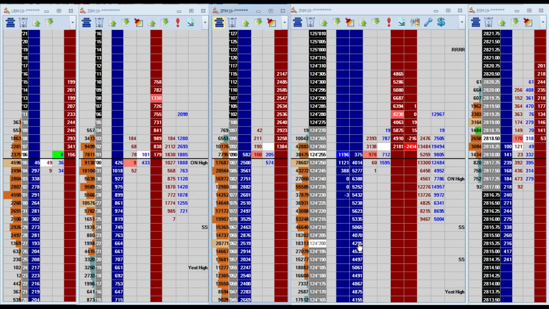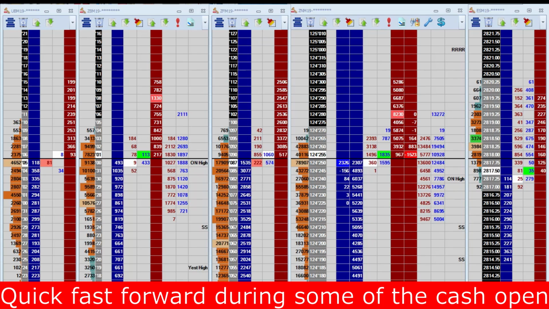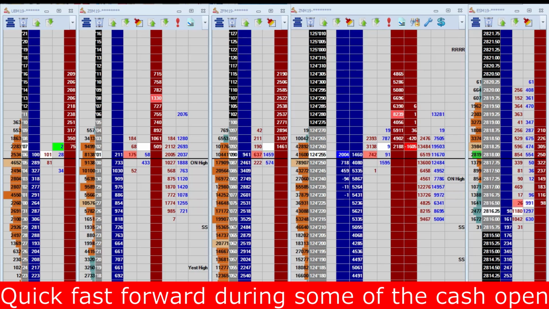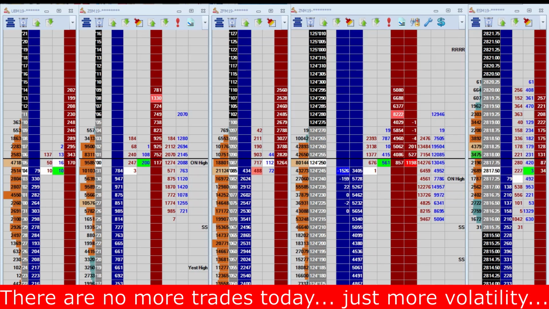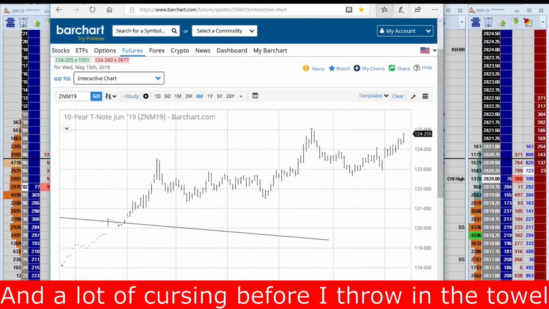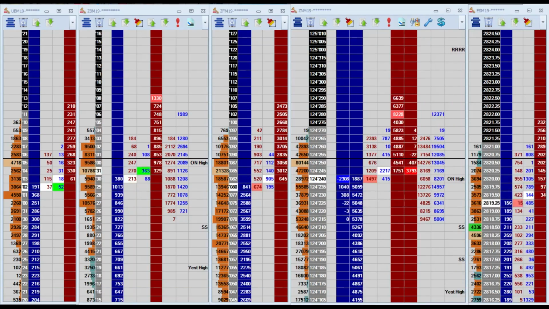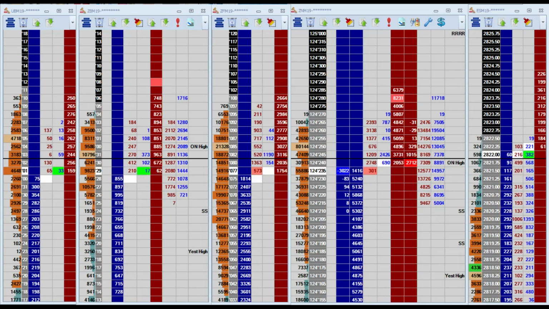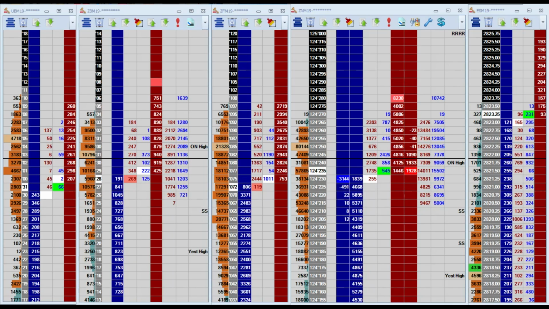Just had cash open, as you can see. So we're letting this settle out. So we fell back into the overnight high, and it just sort of blew right through it, which leads me to my suspicion about how messy everything was.